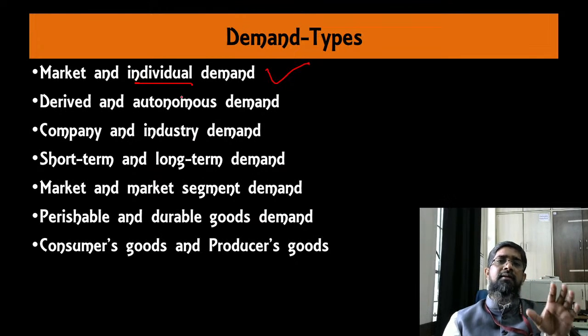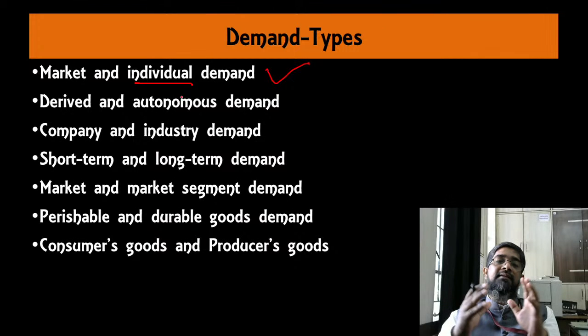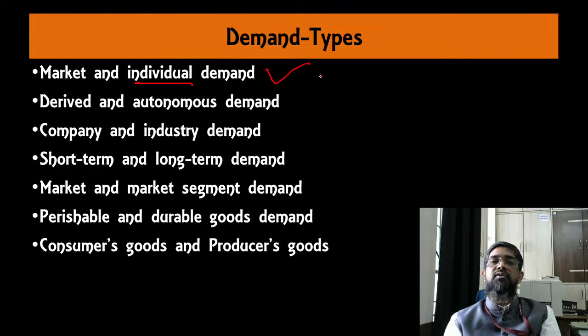So demand by an individual is known as individual demand, and market demand is demand by all the individuals in the market, or you can call it summation of individual demand is market demand.